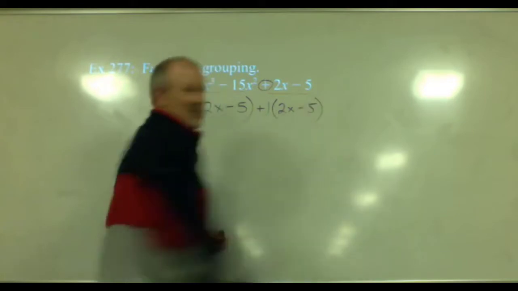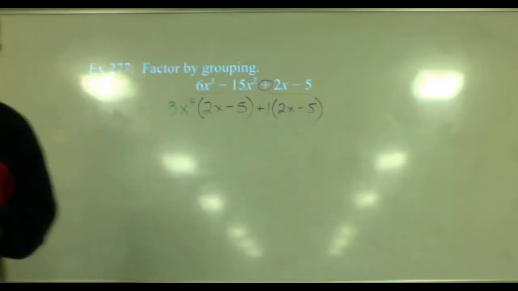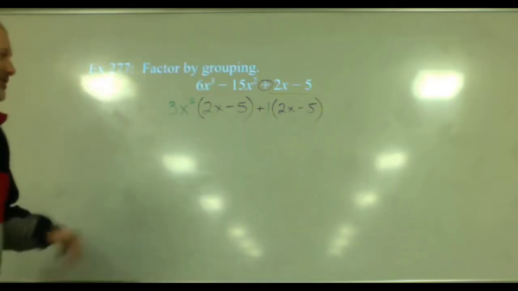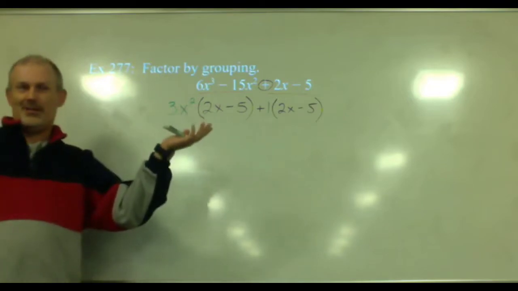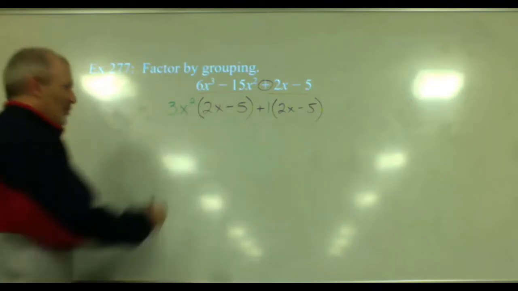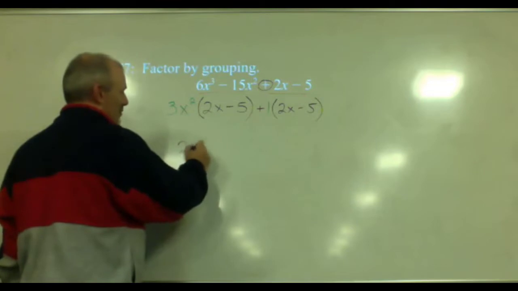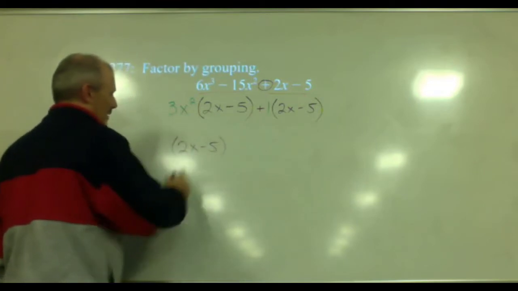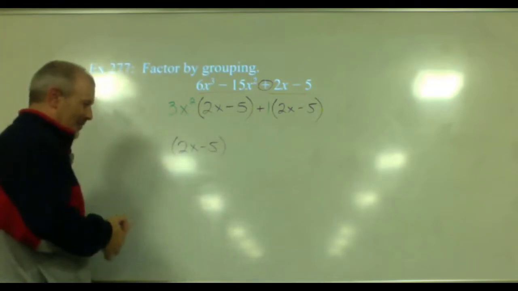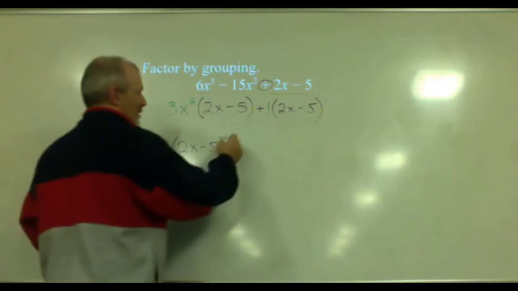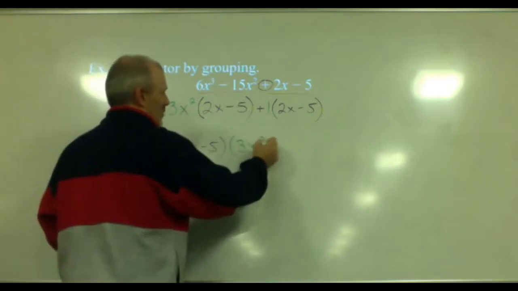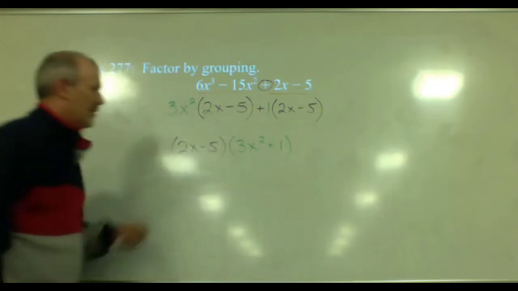Dividing by a positive 1 doesn't do anything. It'll just be 2x minus 5. And notice, once again, they're both the same. So we can factor out 2x minus 5 from each of those groups. And then what will be left for the other group? 3x squared plus 1. And there's our answer.